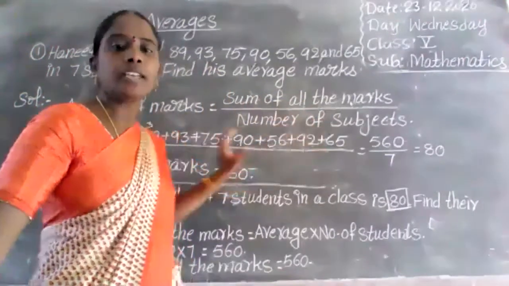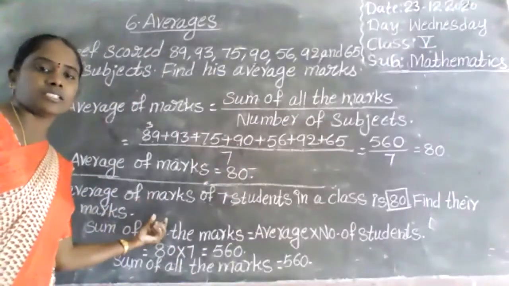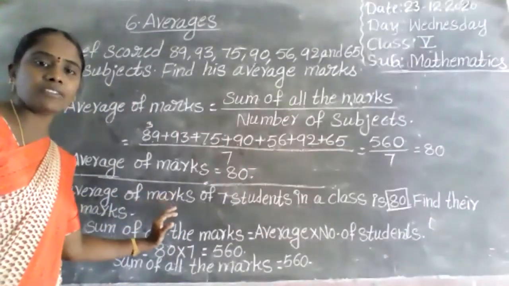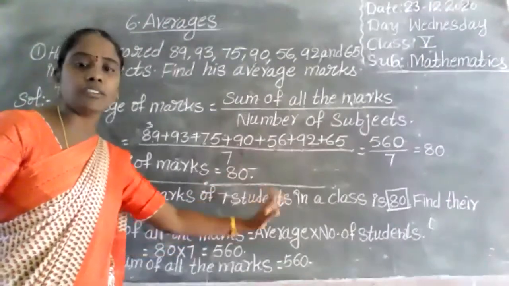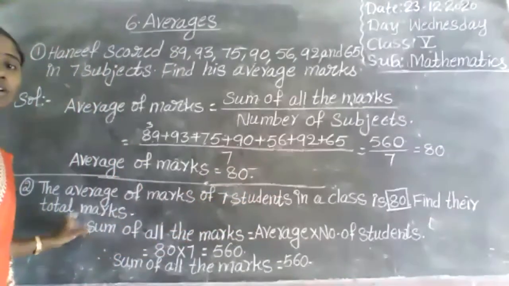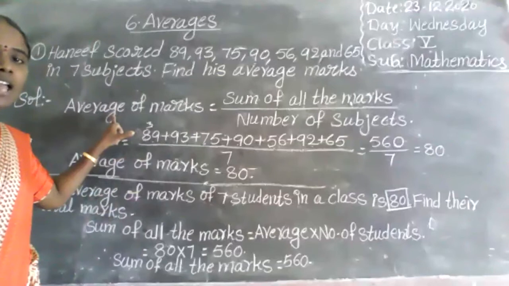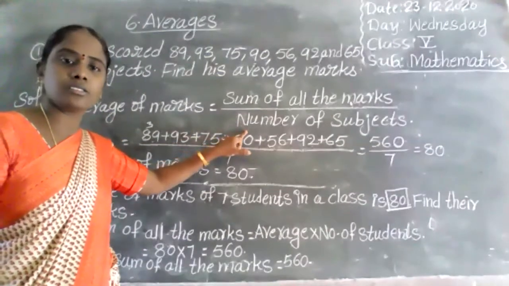Next, in this problem the average is given. What is the average of marks of 7 students? The average of 7 students' marks is given here. We have to find out total marks. How can we find out total marks? The average is given, and the number of subjects or students is given.